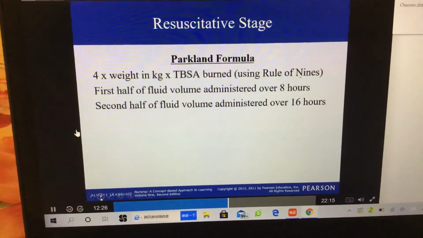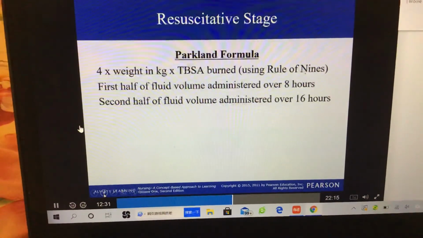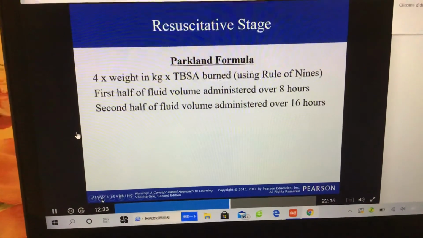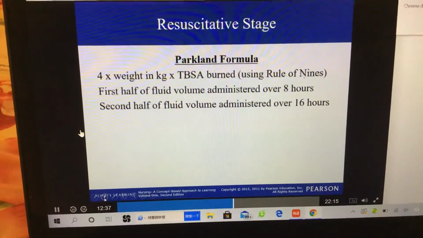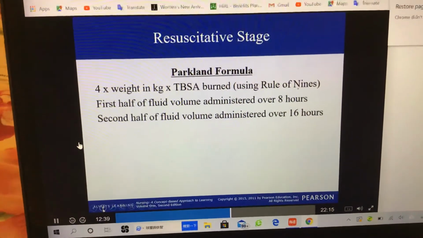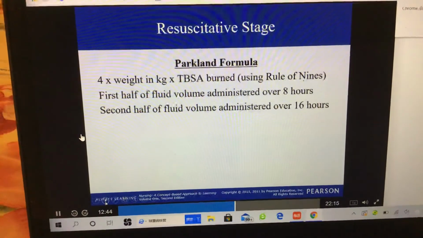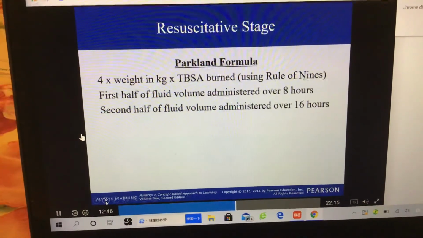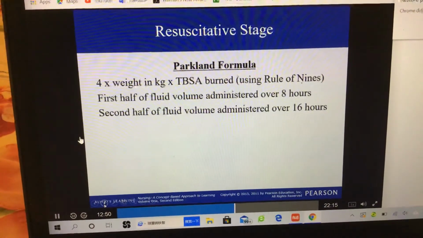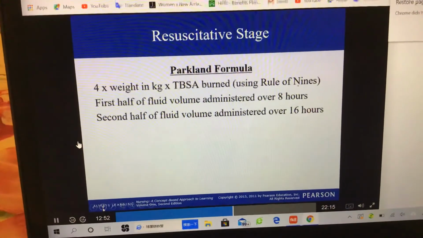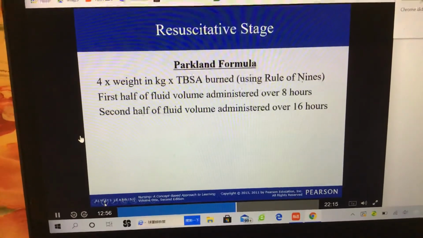The patient is going to receive half of the total volume of fluid over the first 8 hours, and then the other half of the fluid is going to be given over the remaining 16 hours of a 24-hour period. We're going to work the Parkland formula out during a case study that's presented during class to make sure y'all understand how to calculate this.